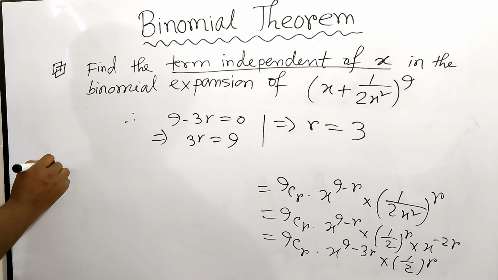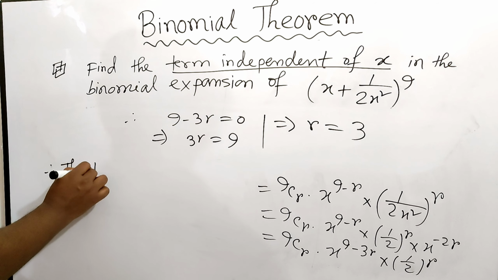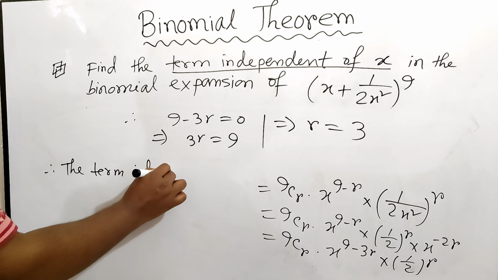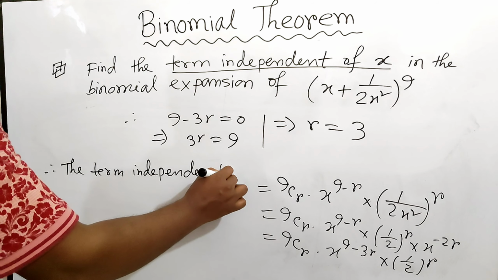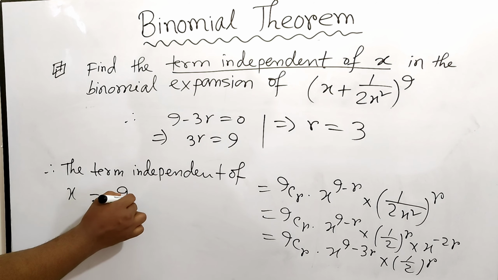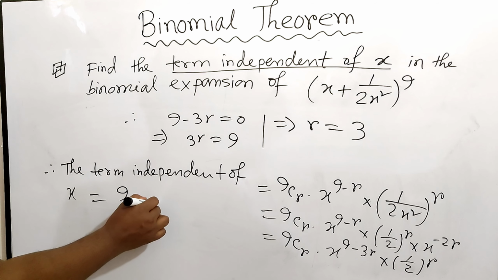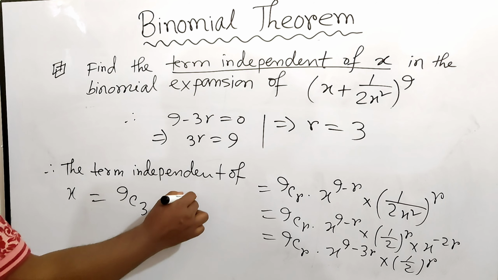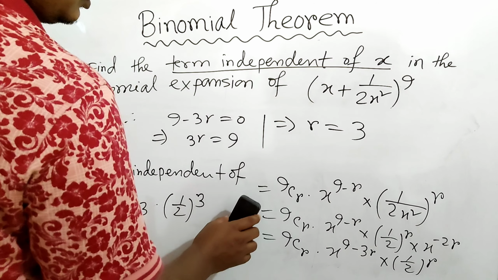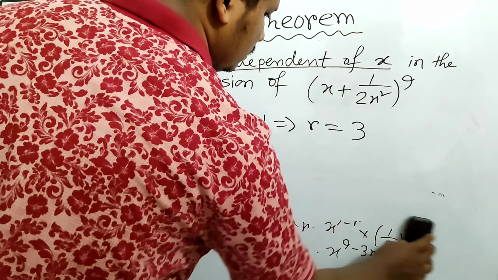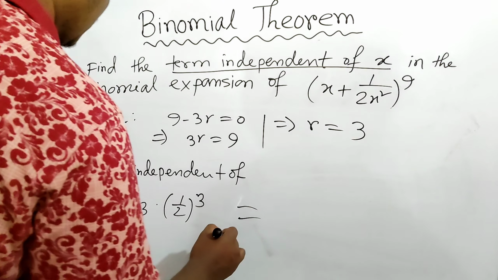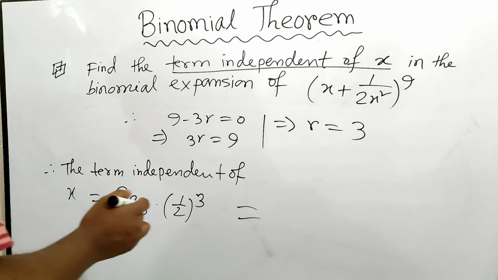So now the term independent of x is, just put the value of r, that is 9C3 multiplied by (1 by 2) to the power 3. Now if you use your calculator, then you will get the value of this.